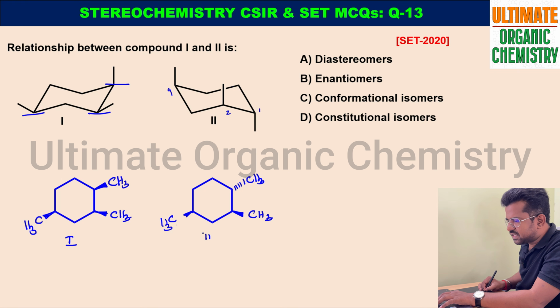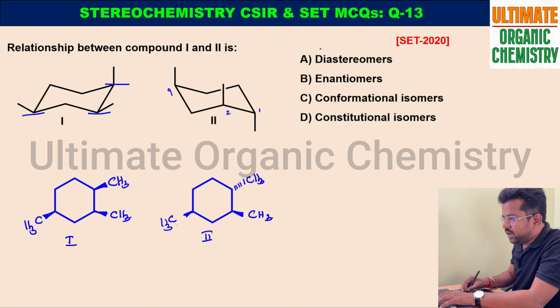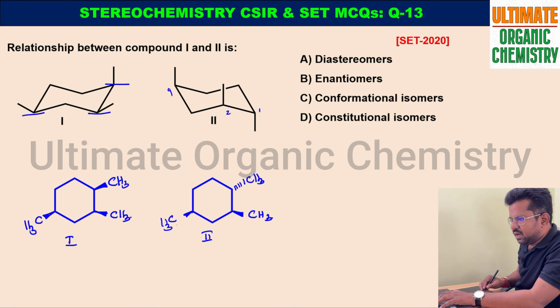Now this is structure of compound 2. Now you need to find out the relationship, that is diastereomer, enantiomer, conformational isomers, constitutional isomers. So they are not conformational isomers, because during ring flipping the stereochemistry should not change, so they are not called conformational isomers. Now the question is whether they are enantiomer or diastereomer.